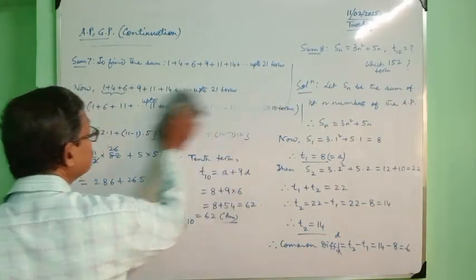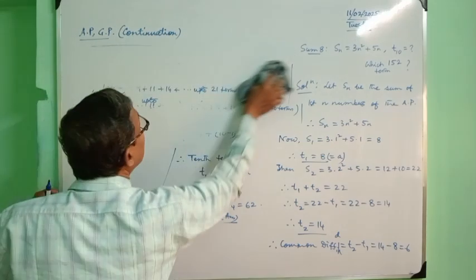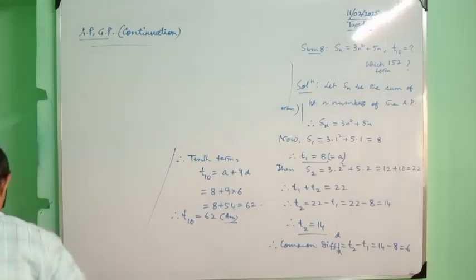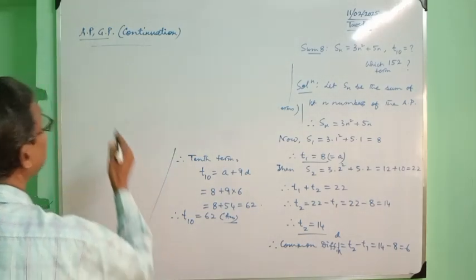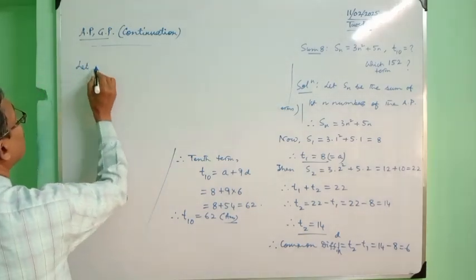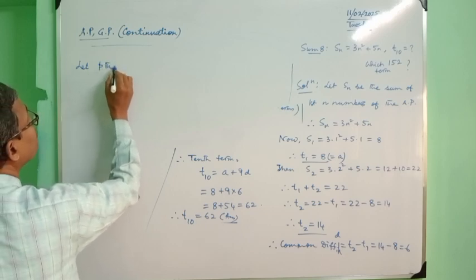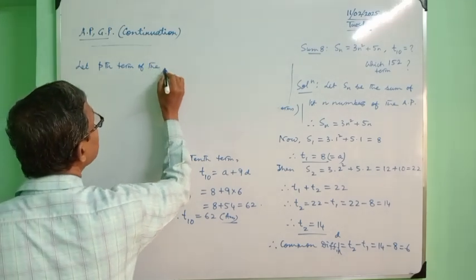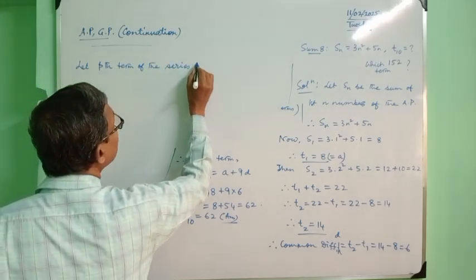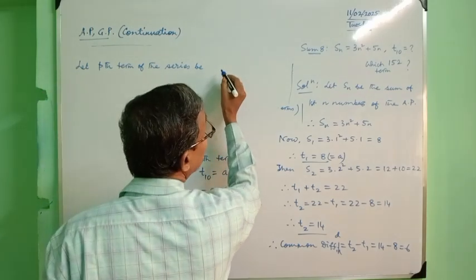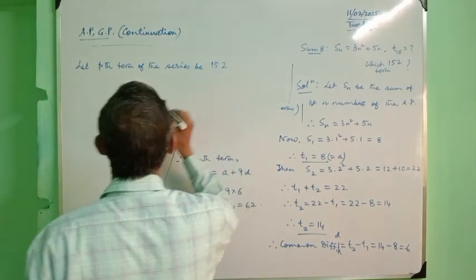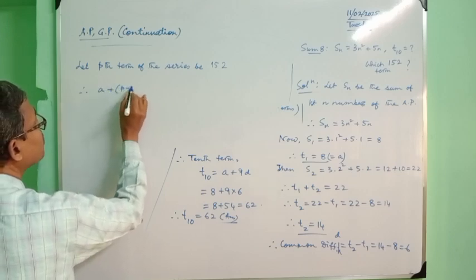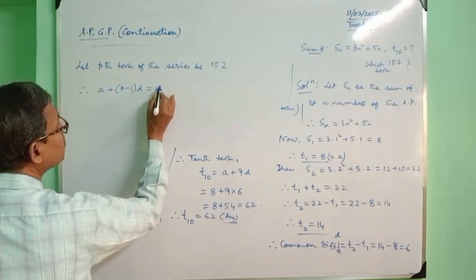For that, let pth term of the series be 152. Therefore, A plus P minus 1 whole into D is equal to 152.